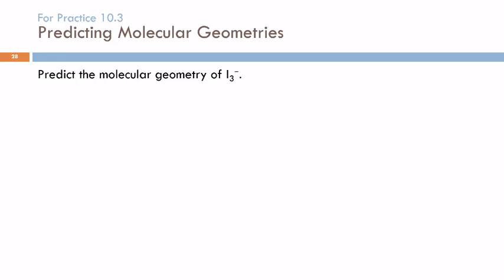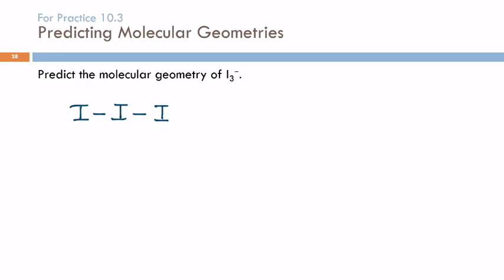Predict the molecular geometry of I3 minus. 3 iodine atoms bonded together. Well, there's really only one way to put those together. Just put them in a line, right? How many valence electrons do we have to work with here?